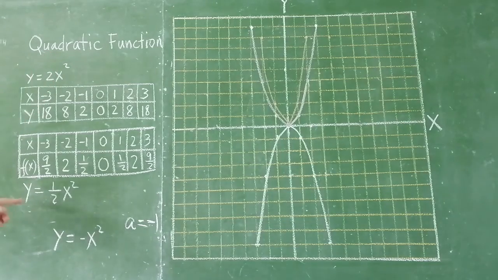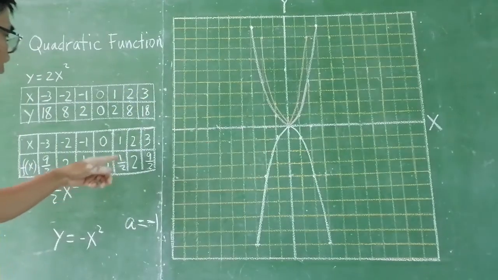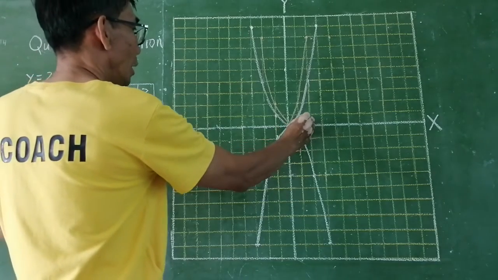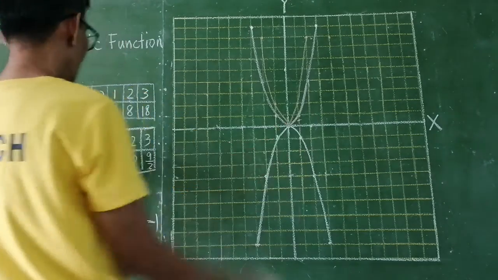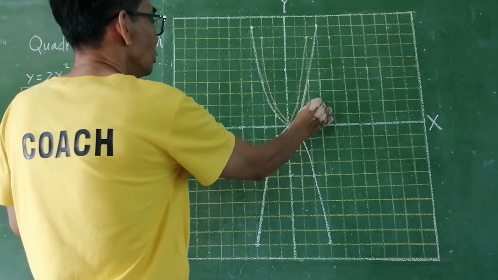How about when y is equal to 1/2 x squared? So let's see. So the vertex is still at 0, 0. So when x is 1, it is 1/2. When x is 2, it is 2.